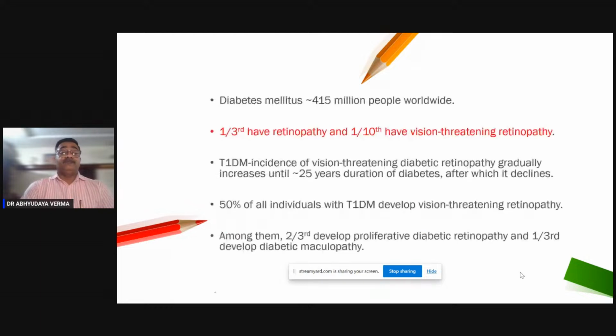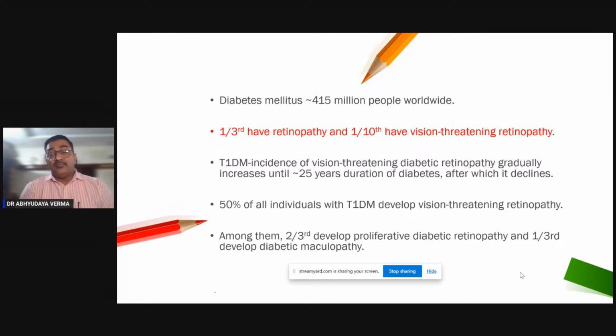So there is, you can say, increased risk in type 1, but definitely in type 2 also the risk is there. You can see here that we have so many people worldwide with type 2 diabetes. One third have retinopathy and one tenth have vision threatening retinopathy. And in type 1, it is more.